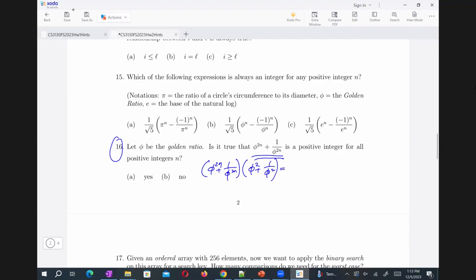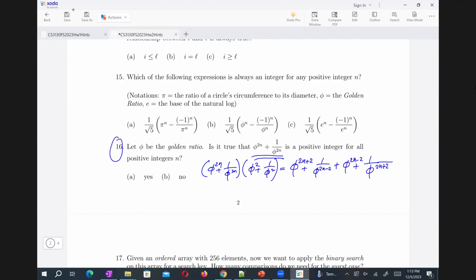When you multiply these two formulas together, what would you get? Here, you get this formula.